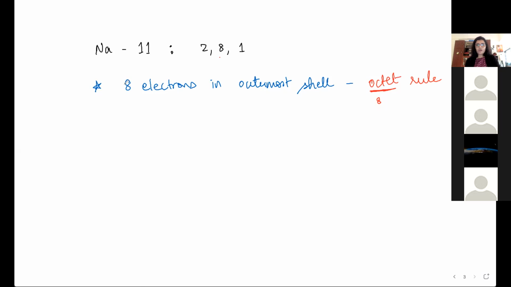So all atoms will work towards having 8 electrons in the outermost shell, and they will do that in the easiest way possible, which is the most straightforward way. That's what they are going to follow.